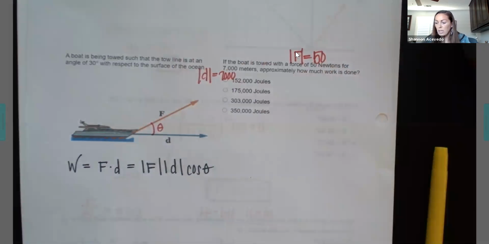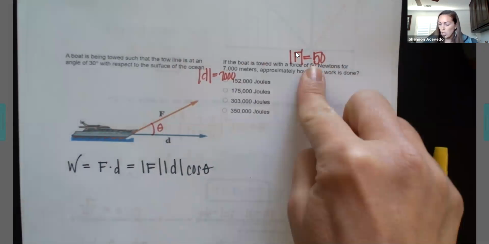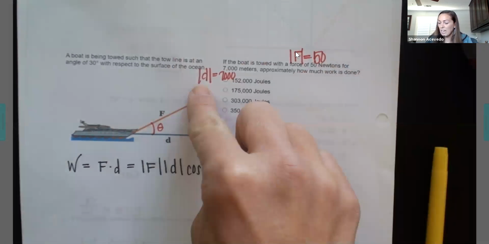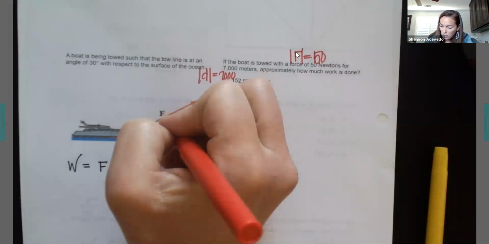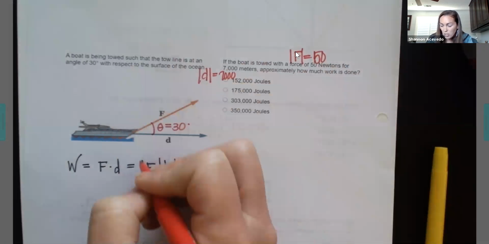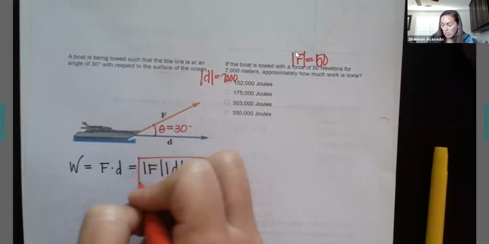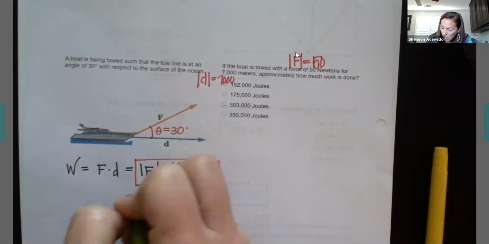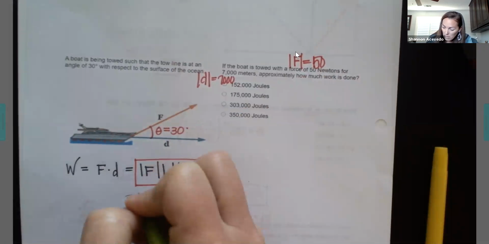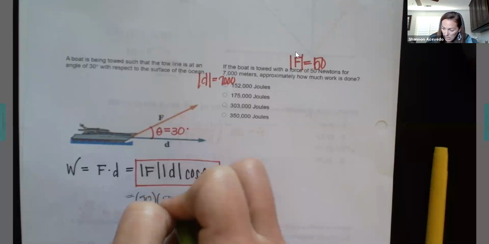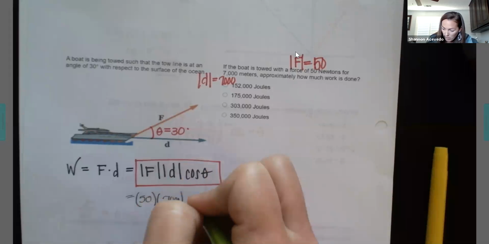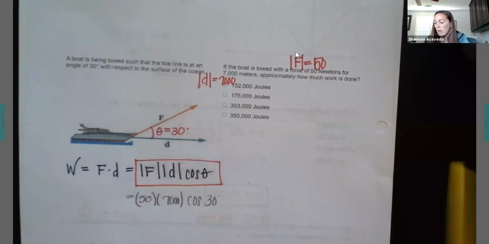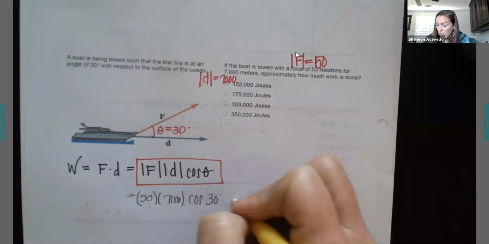Well, I look here. I know the magnitude of F. I know the magnitude of D. And I know that my angle here is 30 degrees. So I'm going to choose to use this equation. And I plug in all the information I know. So I end up with 50 times 7,000 times cosine of 30 degrees. This goes into my calculator.